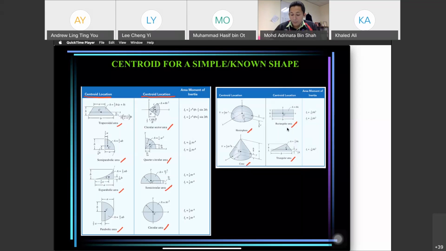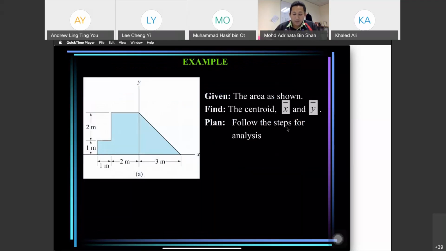Okay, so this is the equation to find the centroid.